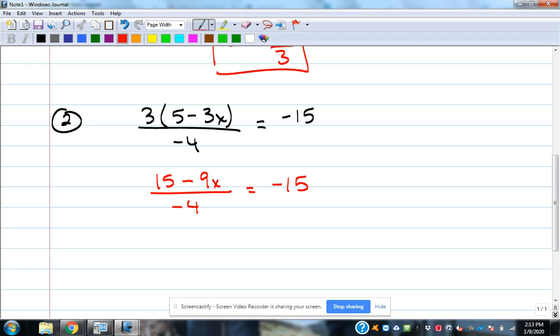Yeah, they're dividing by negative 4. The inverse operation for division would be multiplying. And if I multiply both sides by negative 4, the negative 4 on the bottom cancels out. And it leaves me with 15 minus 9x is equal to positive 60.